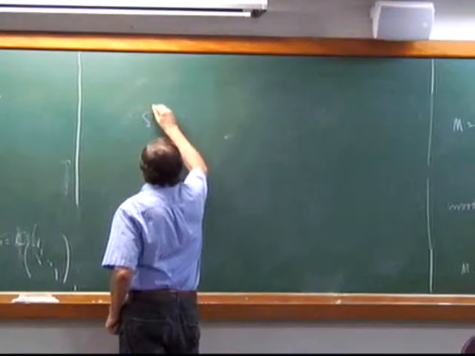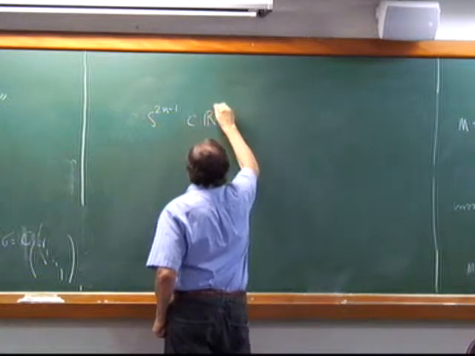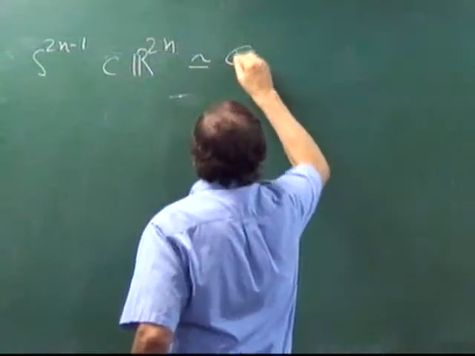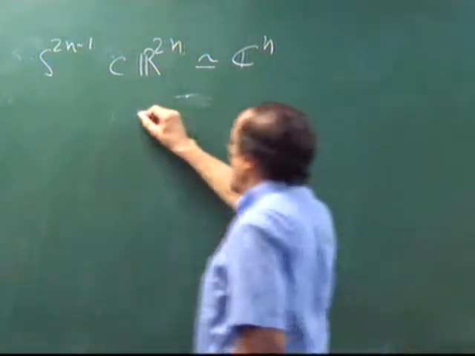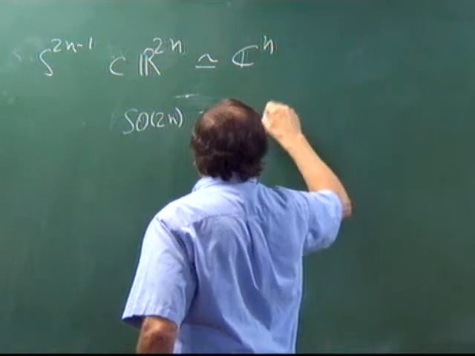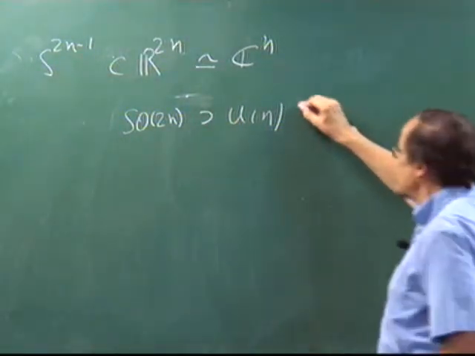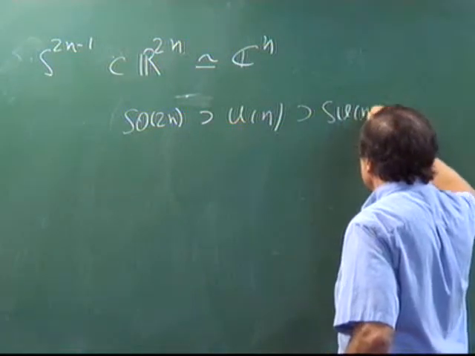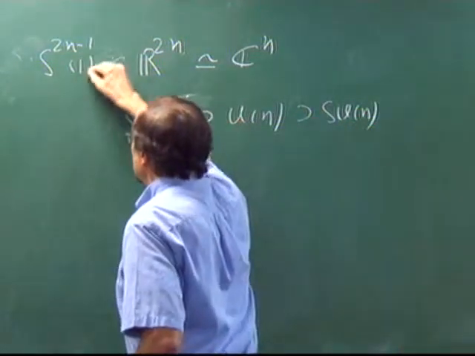I look at the odd-dimensional sphere that sits inside R^2n, which I can identify with C^n. And now inside SO(2n), which acts on my sphere, I also have U(n), the complex linear maps acting on C^n. And of course, inside there I have SU(n) also. This here I should think of as a sphere of radius 1.